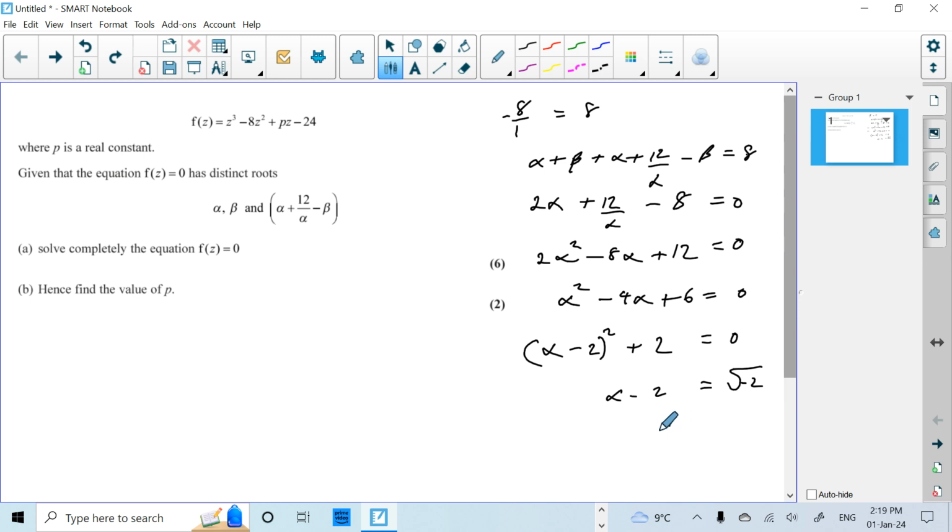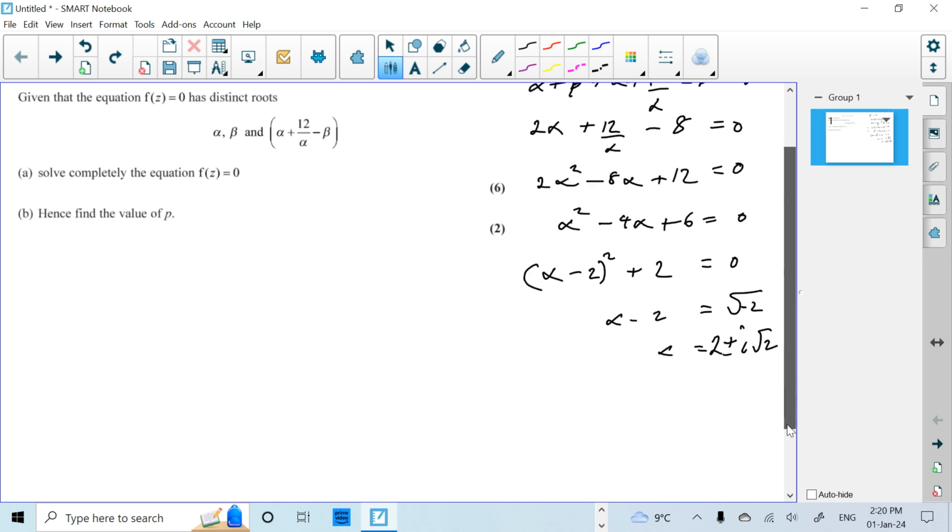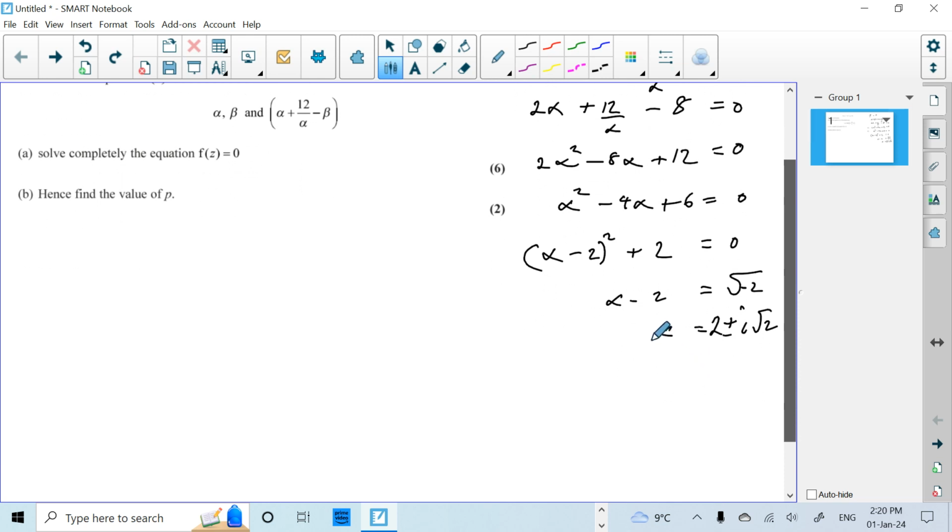And of course that will give me alpha equal to 2 plus or minus i root 2, and that's my value of alpha. So really those are the values of alpha and beta. I can say alpha is 2 plus i root 2, and beta is equal to 2 minus i root 2.